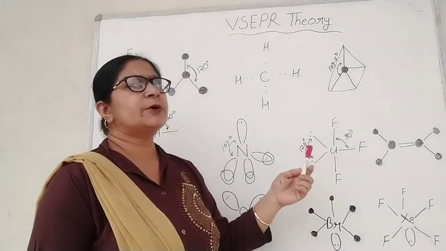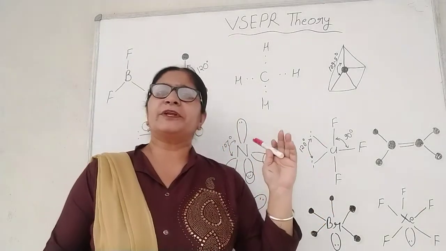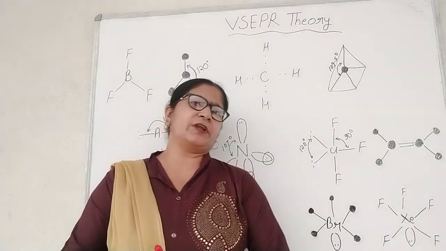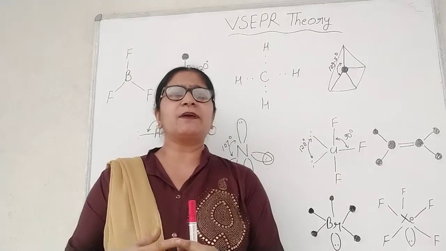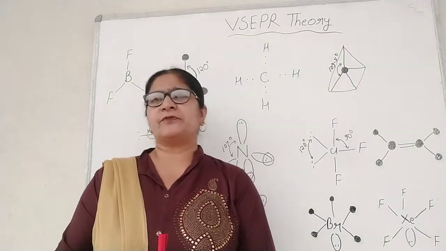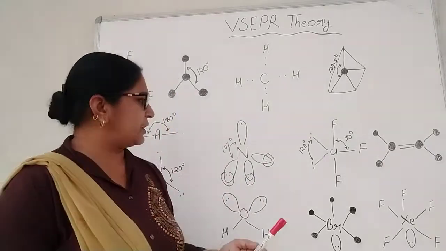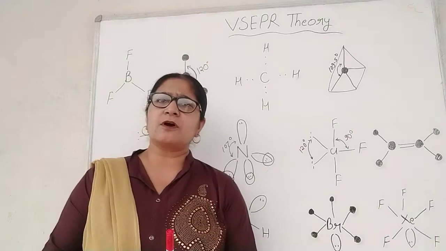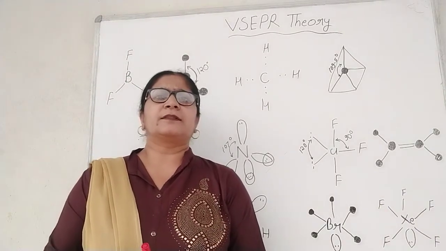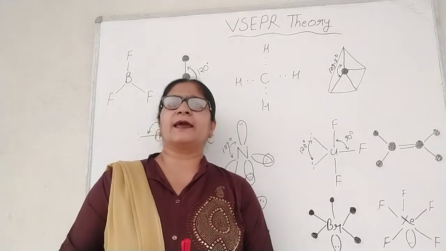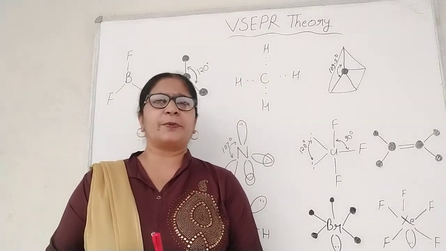In a molecule, the repulsion between lone pairs of electrons is always maximum. Thus we can see that the repulsion between two lone pairs of electrons is more than that of a lone pair and a bond pair, which is greater than that of two bond pairs.